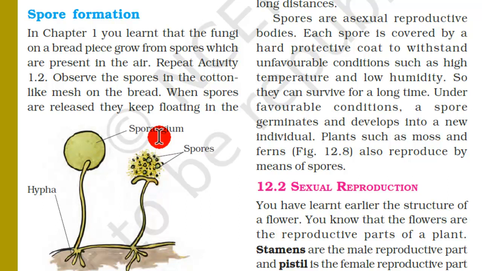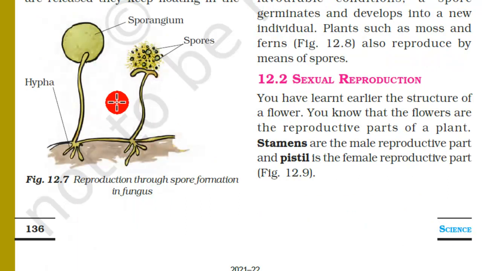And next, let's see the spore formation. In the previous chapter also we have learned that the fungi on a bread piece grow from spores which are present in the air. We can repeat the activity 1.2 which was studied in chapter 1.